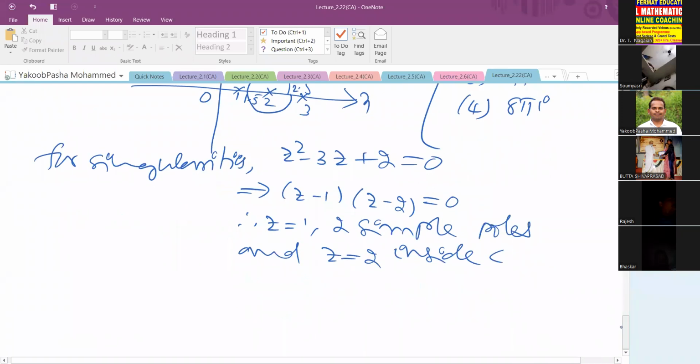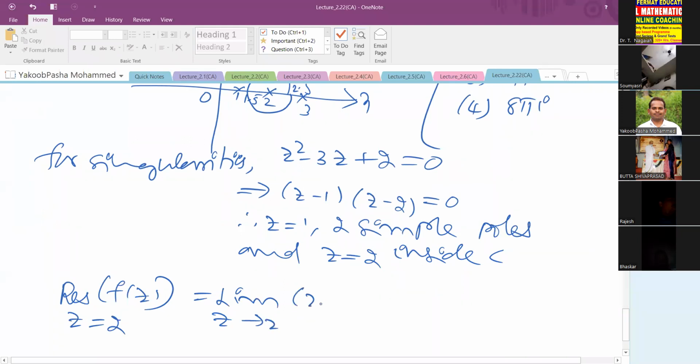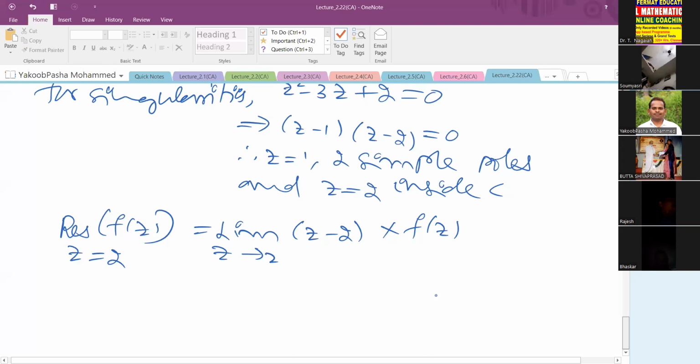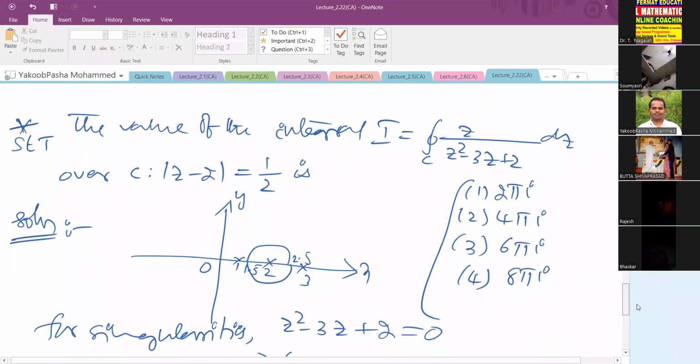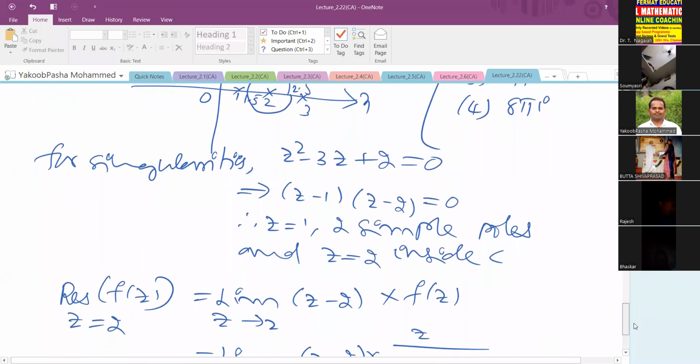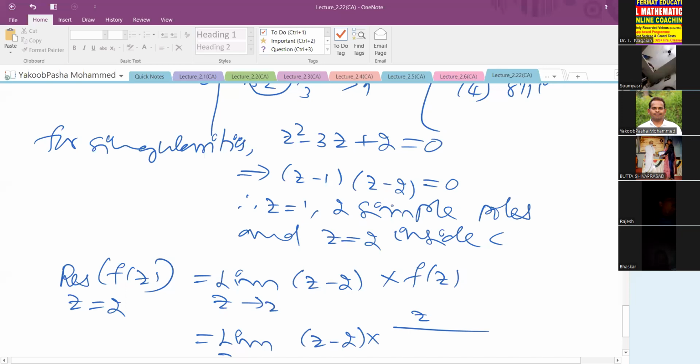As we know that z equal to 2 is a simple pole, the residue of the function f of z at z is equal to 2 is limit z tends to 2 of z minus 2 into f of z, where f of z is z divided by z square minus 3z plus 2, which we are factorizing as z minus 1 into z minus 2.